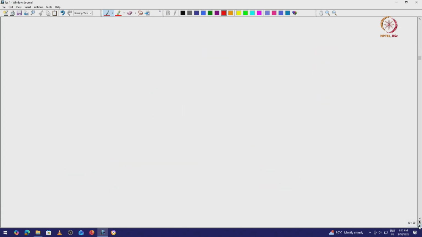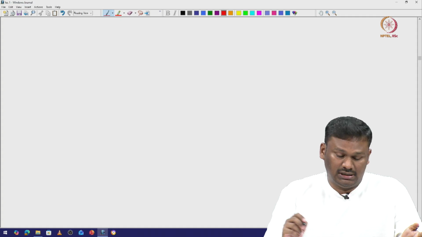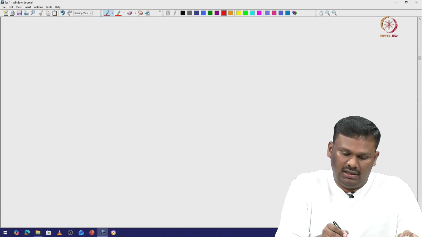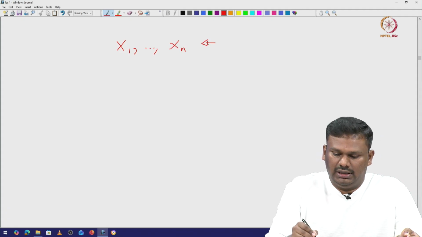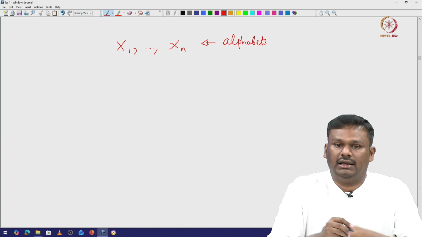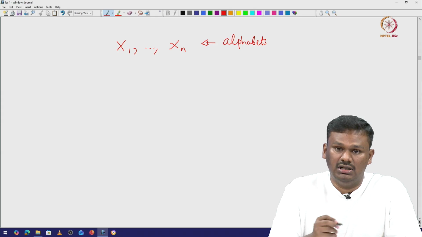So, now for example, can I do this with more letters? Of course, I can. For example, if I take letters of the form x1 etcetera xn, then I can call these alphabets, and then I can just form words among them.